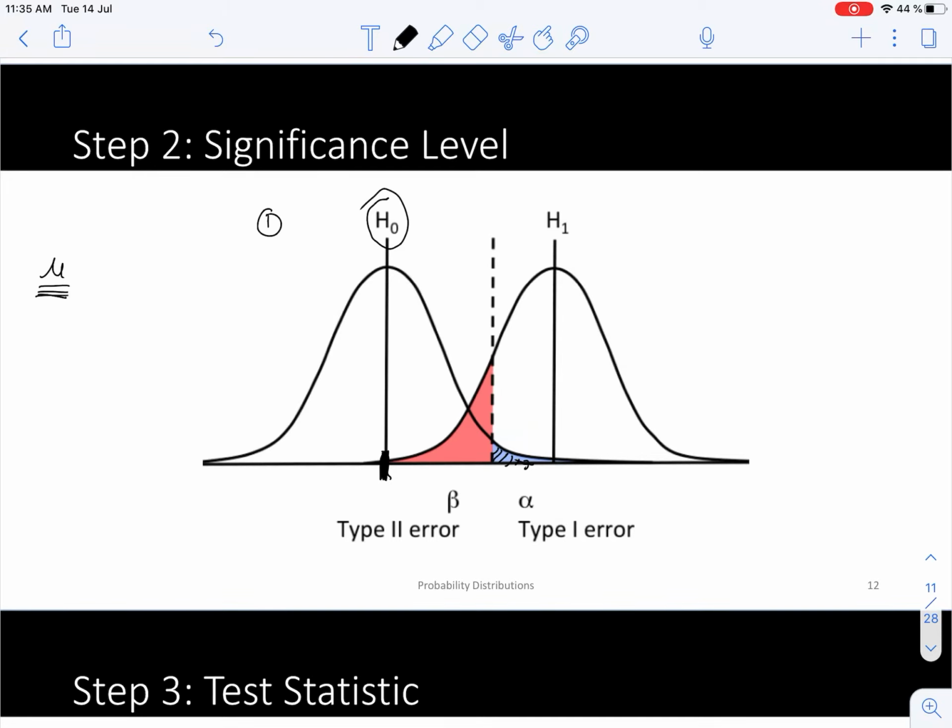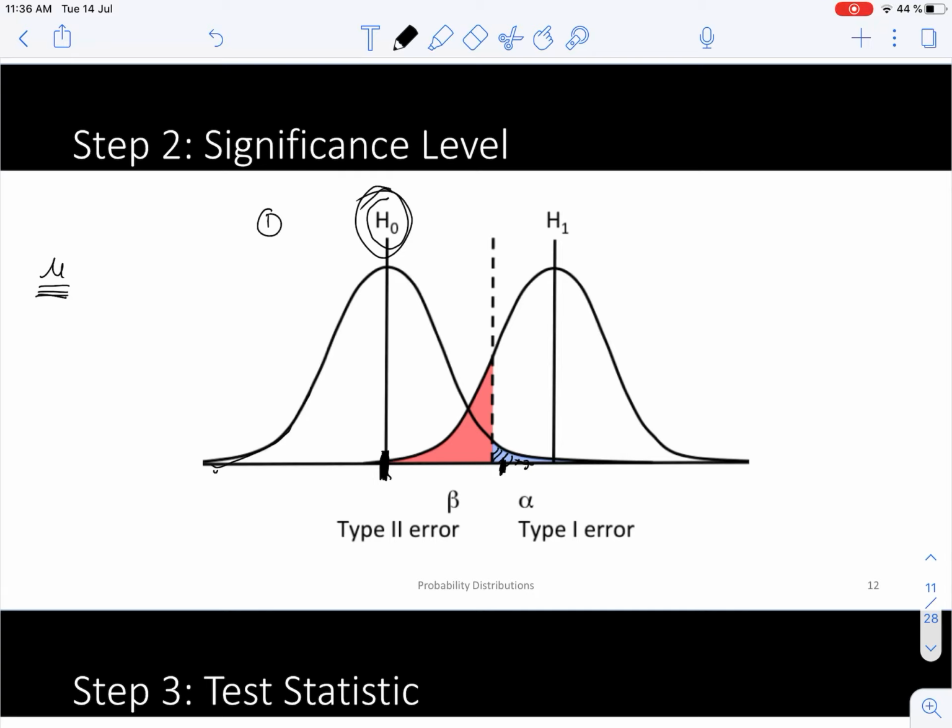Even though it's following the original bell, it is possible to get a statistic located in the blue area. So if we get a statistic in the blue area, then we're gonna reject the null hypothesis, even though the null hypothesis is true, even though we shouldn't reject. So that's what we call type 1 error, and it's represented in the original bell.